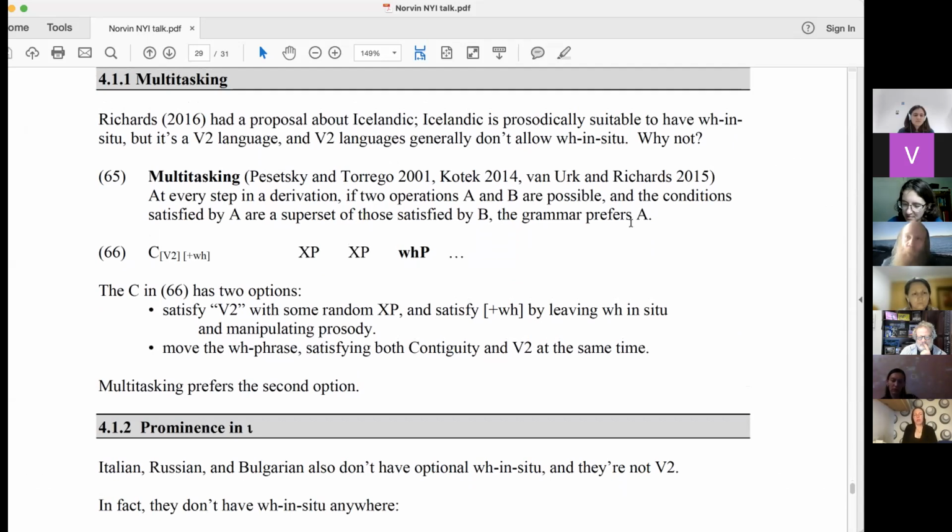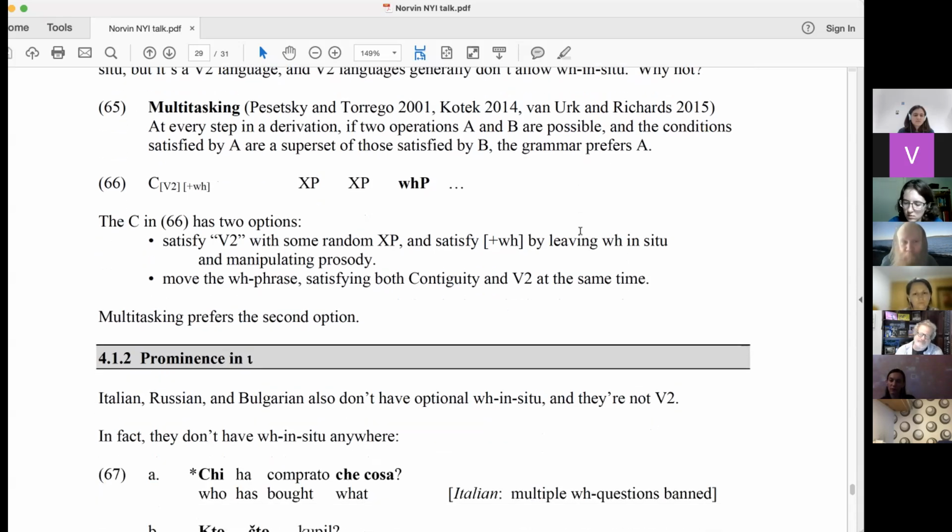I have the V2 property, and I'm also, let's imagine I'm an interrogative C, agreeing with a WH phrase. Why not satisfy all my needs at once? Move the WH phrase, thereby creating contiguity with the WH phrase and satisfying my V2 requirement. So that would be the idea, that Icelandic longs to be French. It's really French deep underneath, but it's also V2, and V2 is what gets in the way.